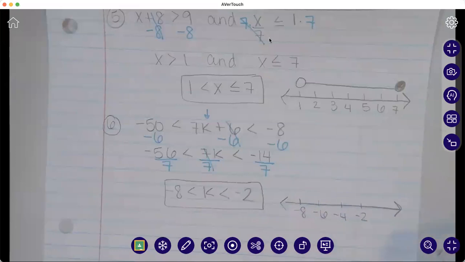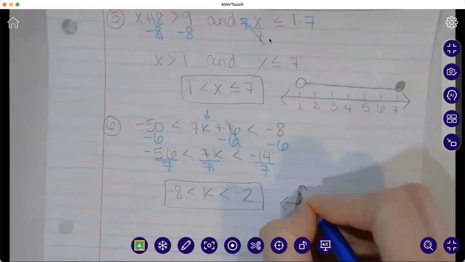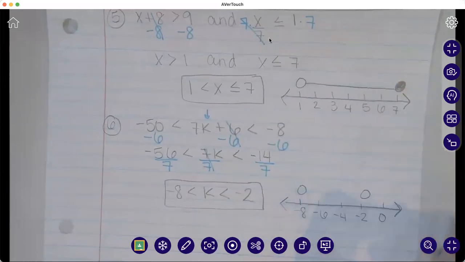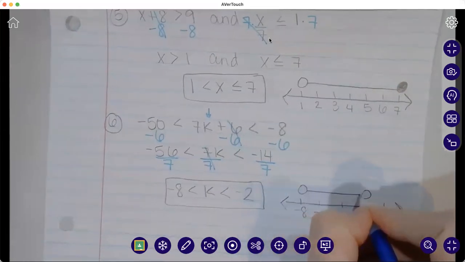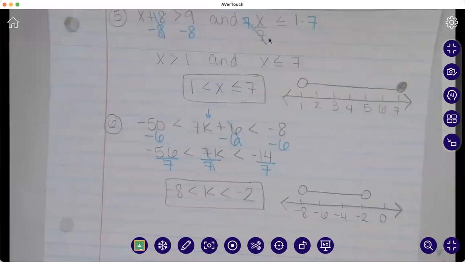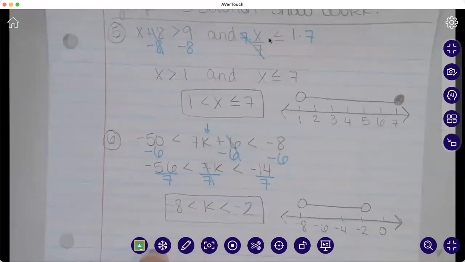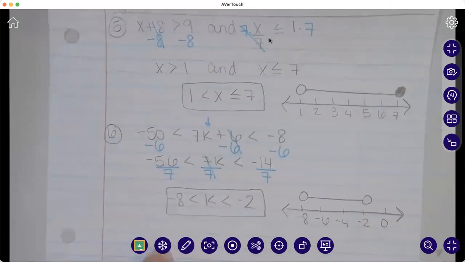Now this is only 4 numbers, so I'm going to grab one more and go up to 0, so I have at least my 5 numbers. Then I'm going to follow my information. So I have an open circle at negative 8, an open circle at negative 2, and a line in the middle to connect them. And that's how we could do number 6, which is slightly different than number 5 for an and option.